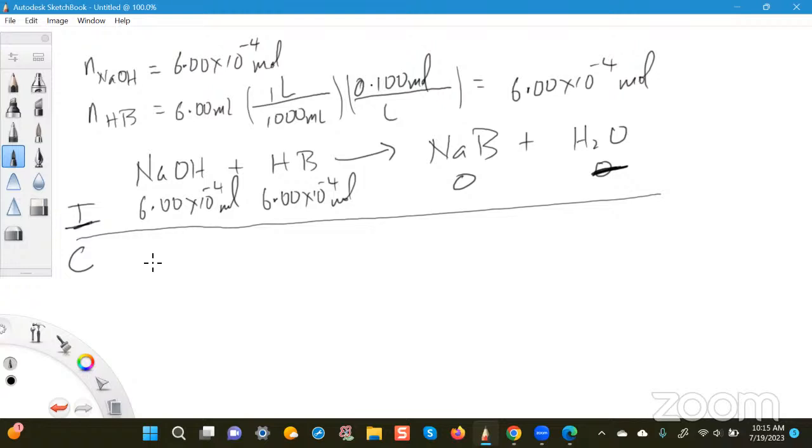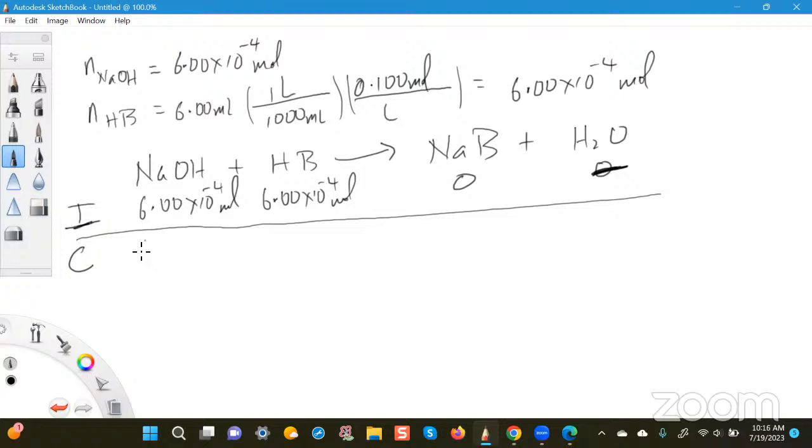What would be the change for the sodium hydroxide? I don't know how to decide that because I don't see a limiting reactant. They're both the same amount.